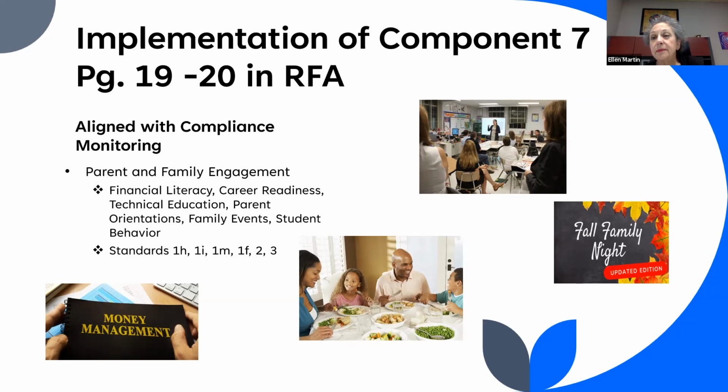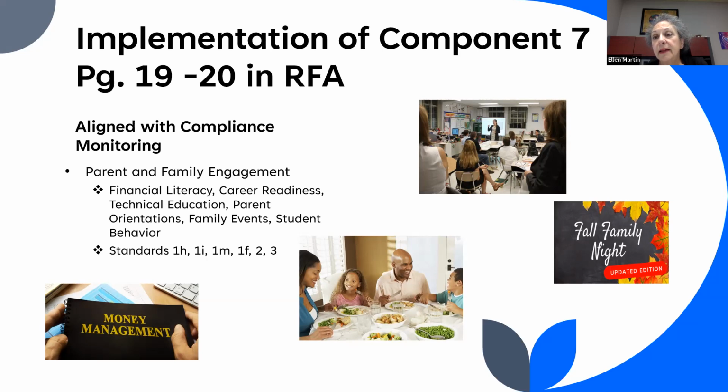Also, component number 3 is talking about have parents been notified of parent and family engagement activities? And it goes back to the items that you need to have in that documentation that you have done parent engaging activities. Wonderful resources: a lot of schools now have parent resource rooms.